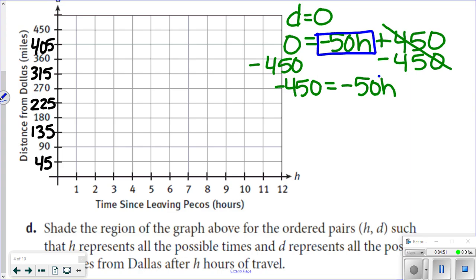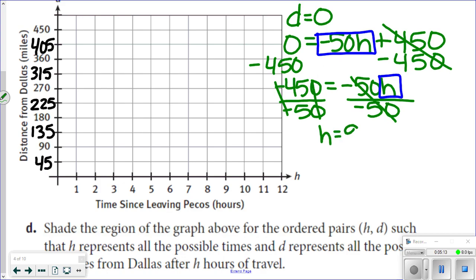So we need h completely alone. Currently it's being multiplied by negative 50, so the opposite is to divide. Two negatives make a positive. How many times does 5 go into 45? These cancel, these cancel. So we get h equals 9 hours.